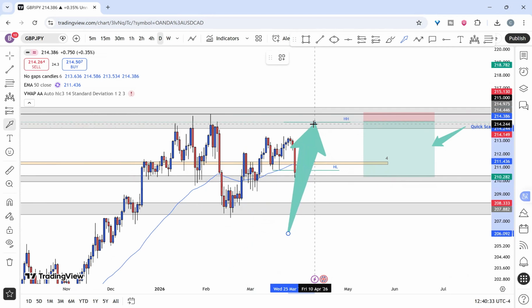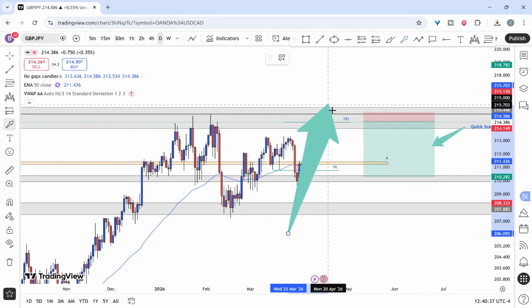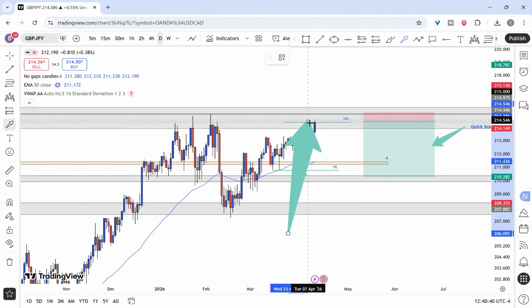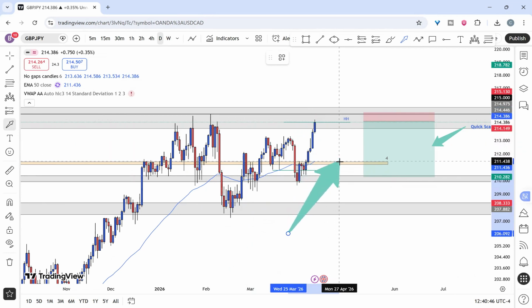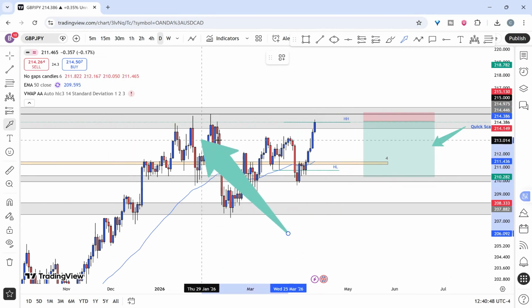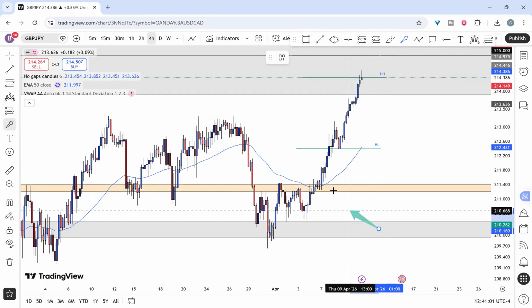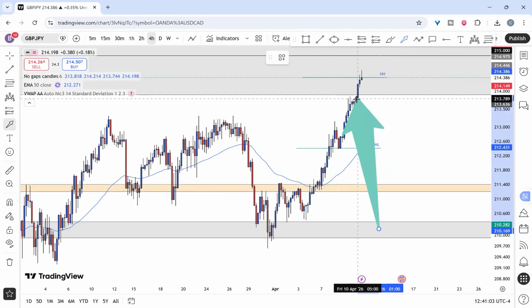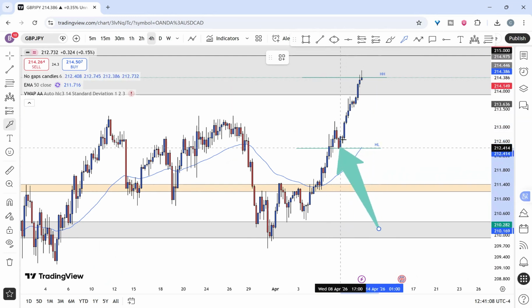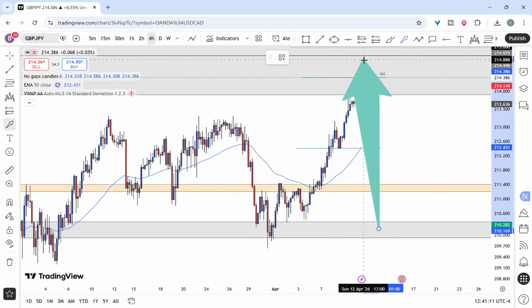So we cannot really confirm whether it really wants to break the resistance level and push further up, or it's going to reject around the resistance level right around this area and pull back down just like the other one in the past. If we're looking at the 4 hour time frame, it feels like there's no stopping for right now. It has a really strong bullish trend to the upside.